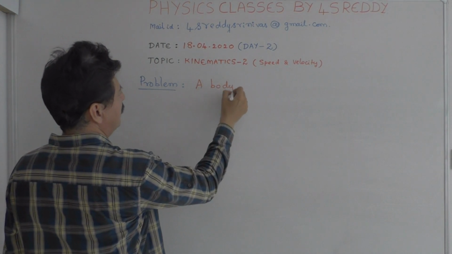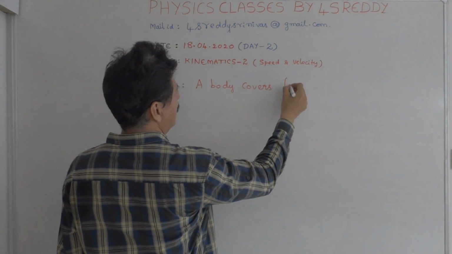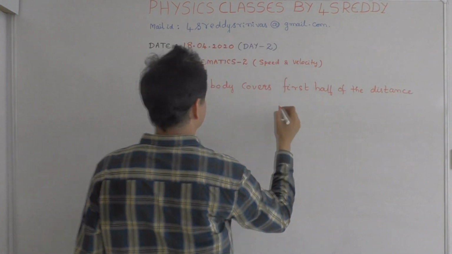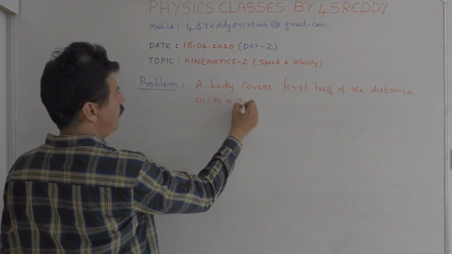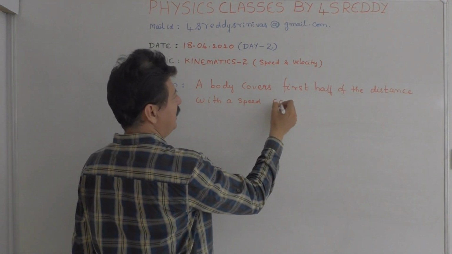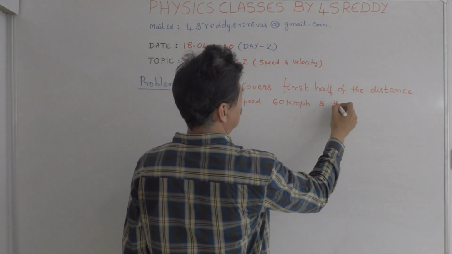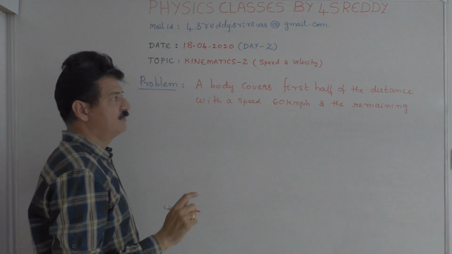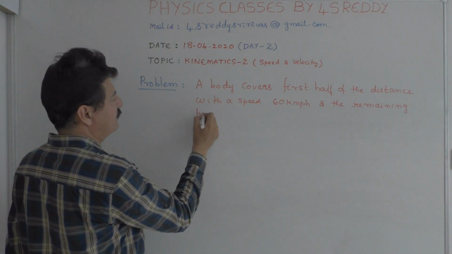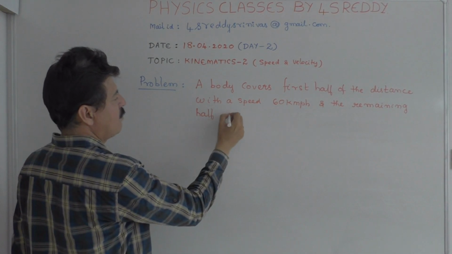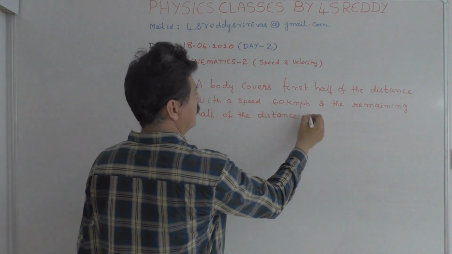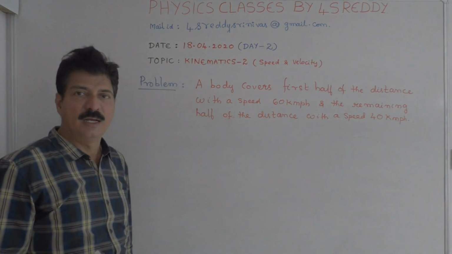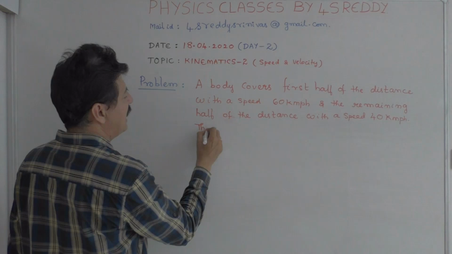A body covers first half of the distance with a speed 60 kmph, and the remaining half of the distance with a speed 40 kmph. Then find the average speed.